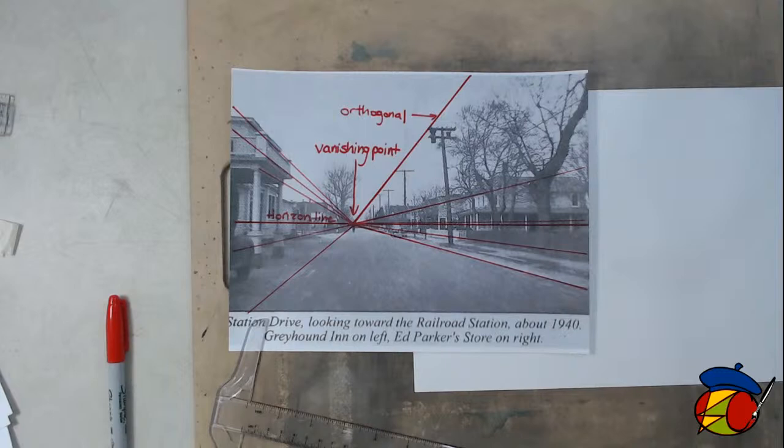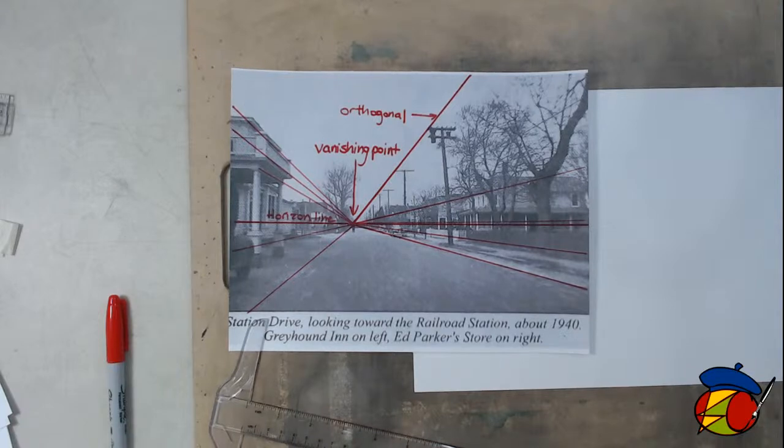There's a trick for when things are equidistant from each other, like in the case of telephone poles, which are usually at equal distances from each other. I'm going to show you how to figure out, when we get to drawing the scene, exactly how to draw that as it gets smaller into space.